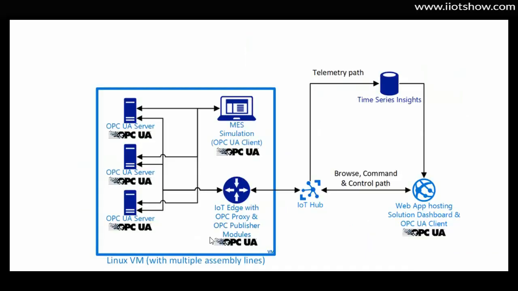Now, when the OPC UA publisher module subscribes to the OPC UA node, it will wait until it detects a change in the value of each node, and only then will it send messages to the IoT Hub, right? And then the IoT Hub acts as an event source to Azure Time Series Insights for changes in OPC UA node values at the plant, right?